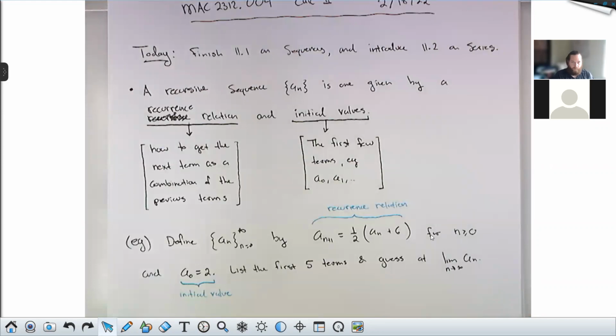And for many recursive sequences, it can be very hard to find a formula for the nth term, which makes this part, getting the limit, quite challenging, because how do we find the limit of a sequence? Well, we write limit and then the definition of the sequence, which is usually a formula for the nth term, and apply all of our tricks and theorems.